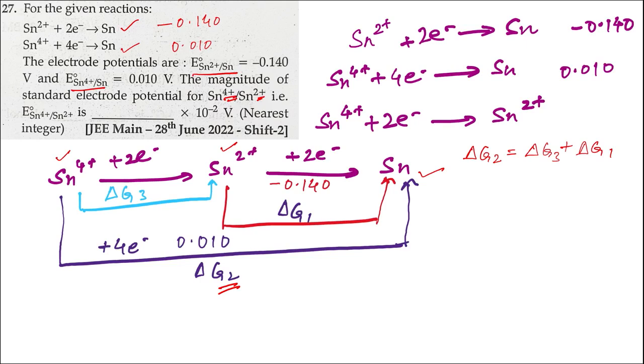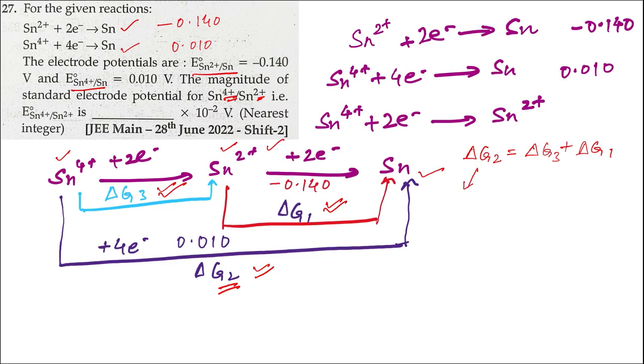See here, delta G2 is the step where Sn4+ ion is changing into tin, and delta G2 is equal to delta G3 plus delta G1. These are the delta G values for the steps Sn4+ changing to Sn2+ and Sn2+ changing to Sn.